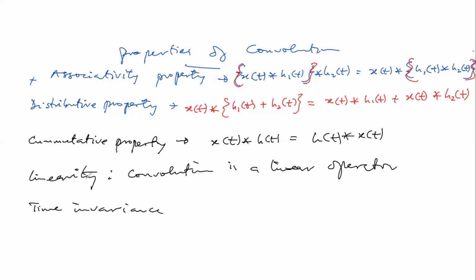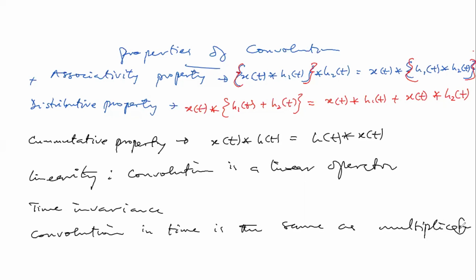So the next property, I think one of our contributors just mentioned multiplication. So let's clarify that now. It's a property also. Convolution in time is the same as multiplication in frequency.